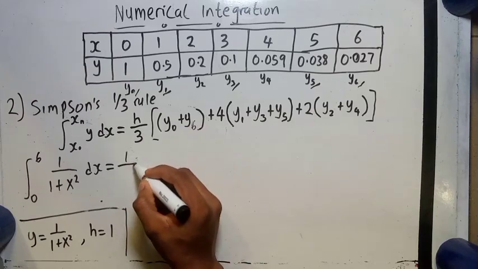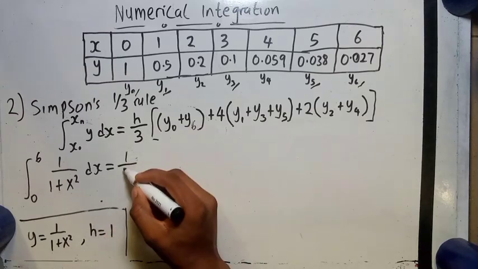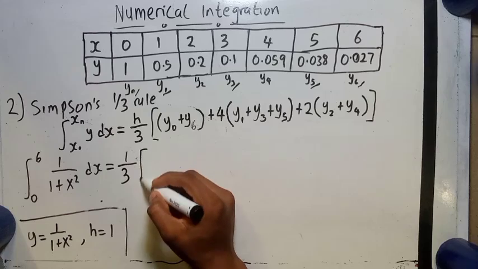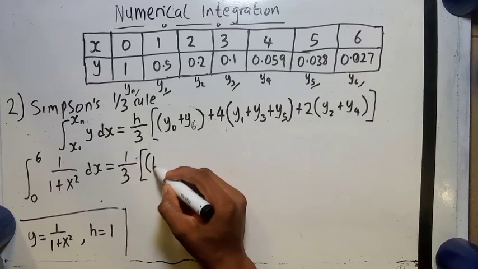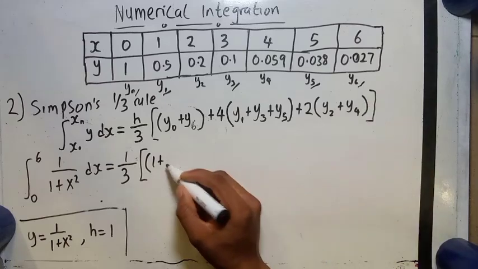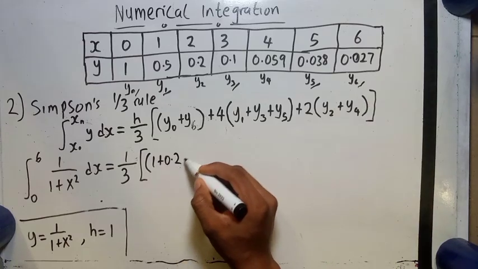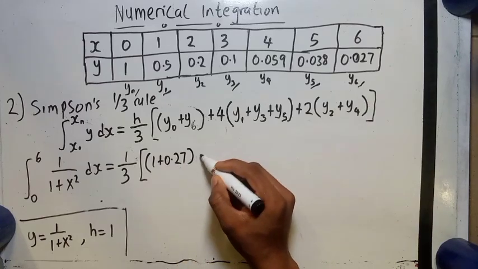So doing that here, our h is 1. Our 1/3 multiplied by h0, which is 1, we're adding it to our h6, which is 0.027.